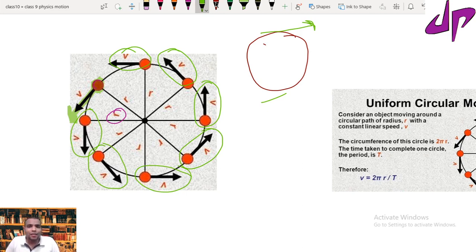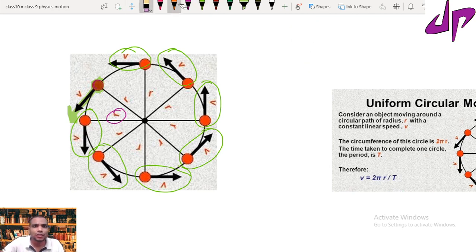So finally I can say that if an object is moving in a circular motion, its velocity is continuously changing. When its velocity is continuously changing, we define that as accelerated motion.